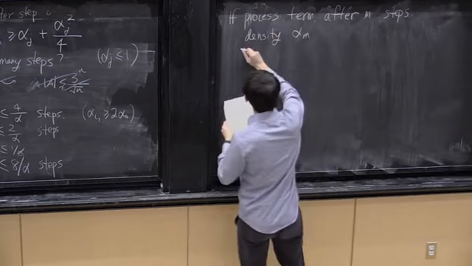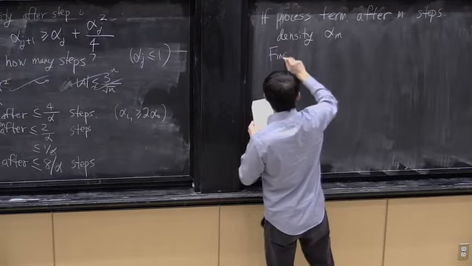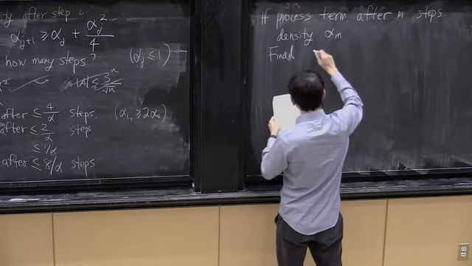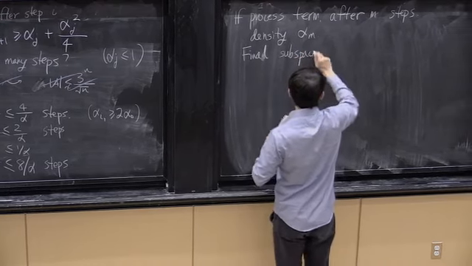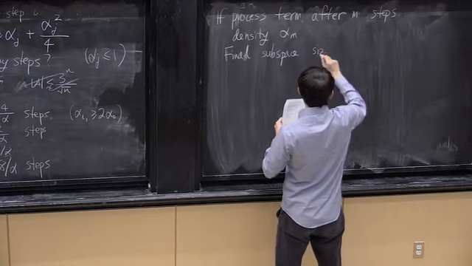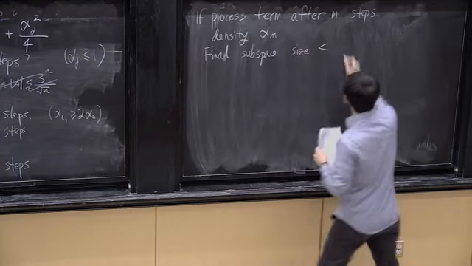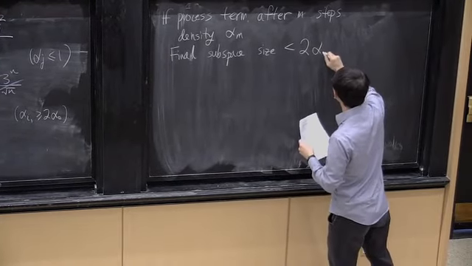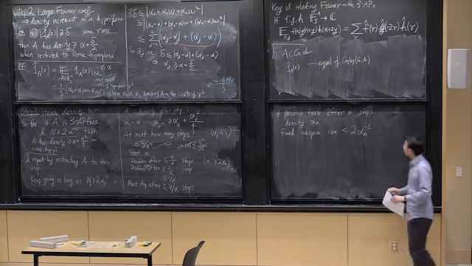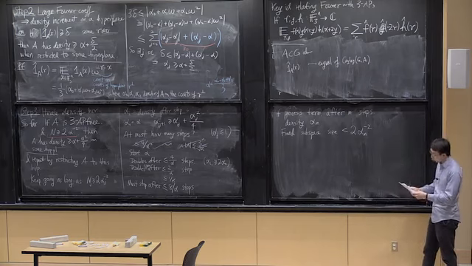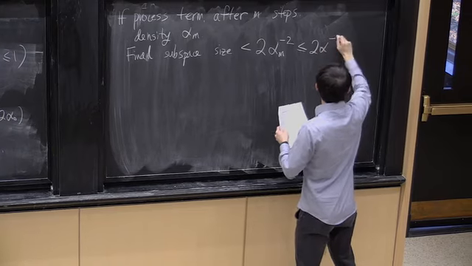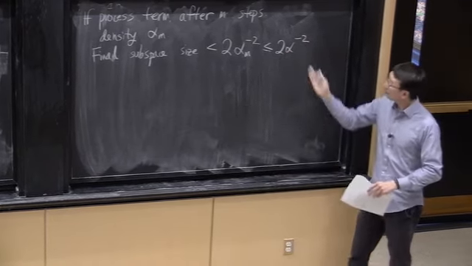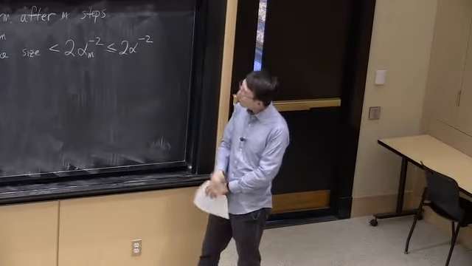So then the final subspace has size less than 2 to the alpha m raised to minus 2, which is, okay, so now I use this bound on alpha.